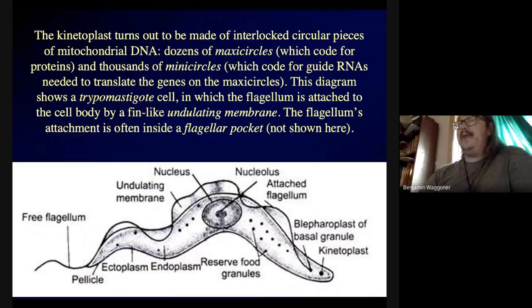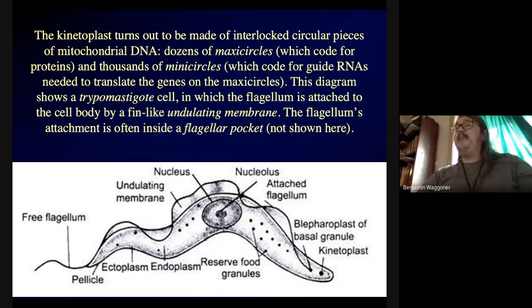And then it goes free way out there towards the end. You can see the nucleus with the nucleolus more or less in the middle. And right where the flagellum attaches, there's a little granule, the blepharoplast. And then just in front of that, you have a dark spot called the kinetoplast.